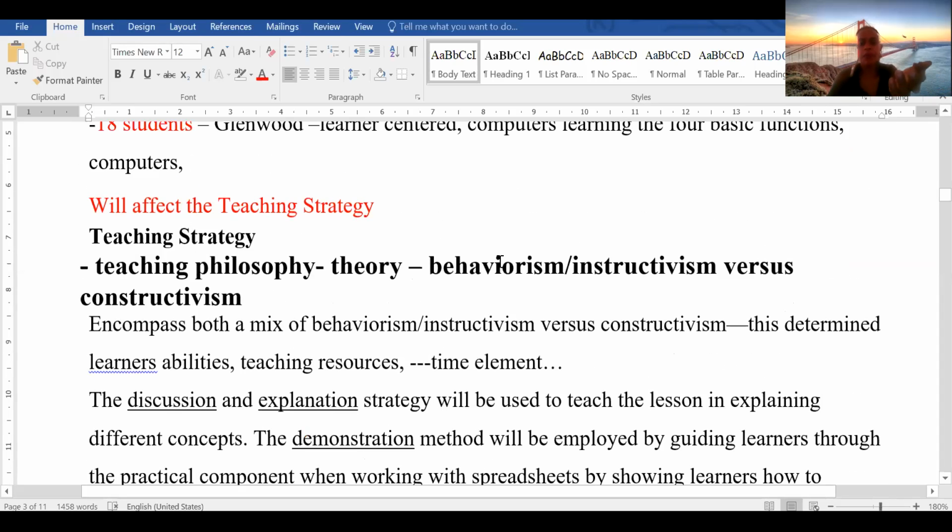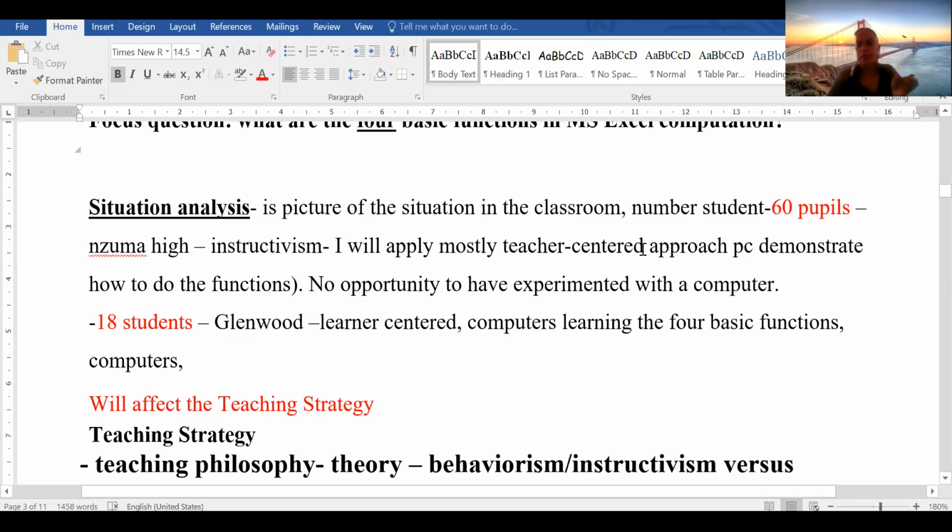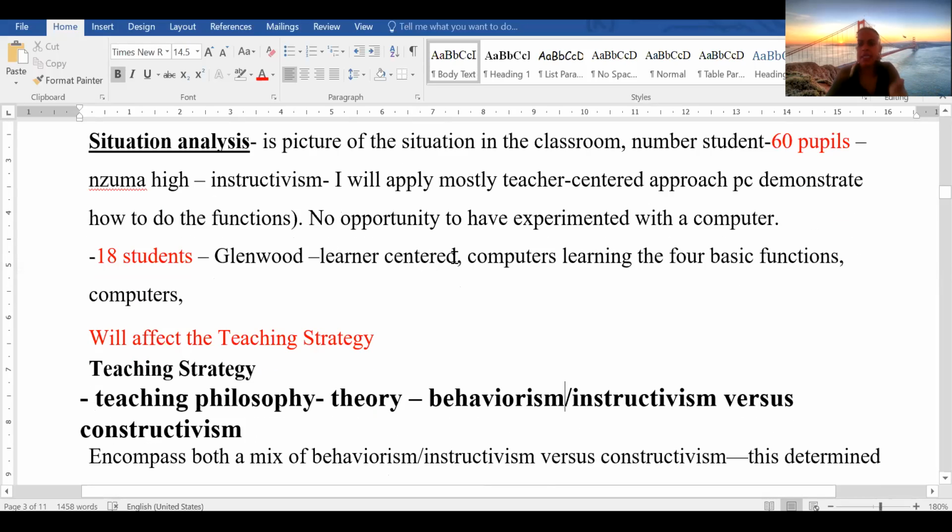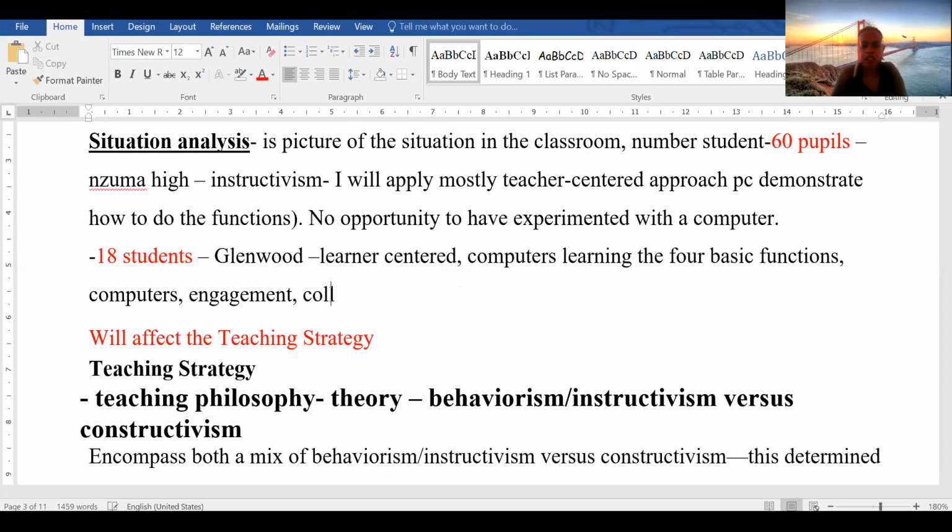So behaviorism is more teacher-centered, more instruction, more work that the teacher is doing, whereas the other one is more learner-centered. There's more engagement. There's more collaboration.